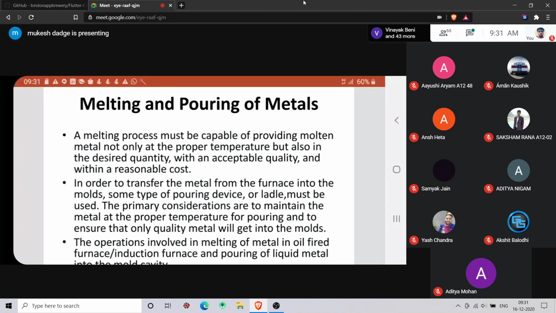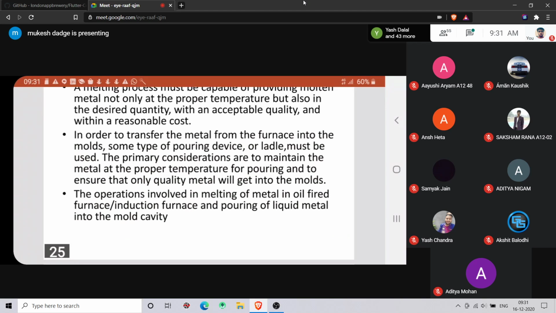So you have to avoid impurities at each stage. In pouring and melting, some impurities you have to remove. The slag will be removed from the molten metal, manually or automatically.